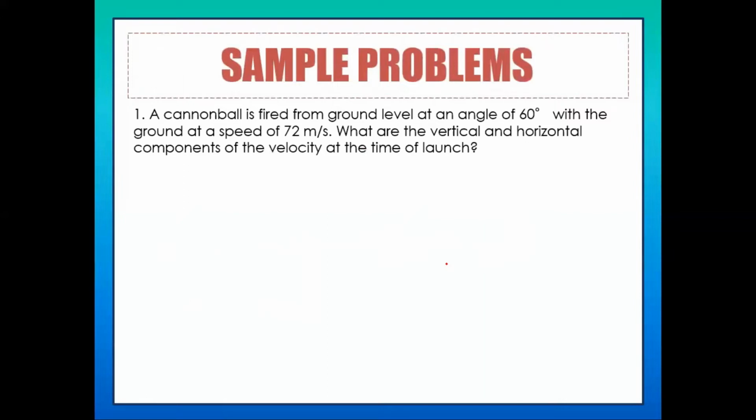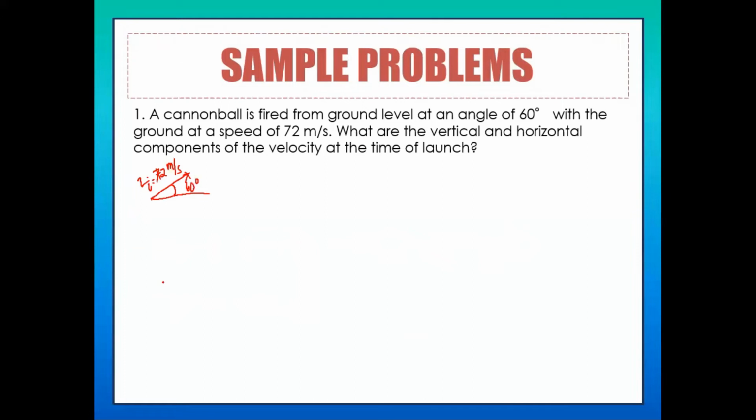So, if we're going to illustrate this one, the arrow is the cannonball. So, the initial velocity is 72 meter per second. So, this is your v sub I. Okay. Launch at a certain angle, which is 60 degrees.